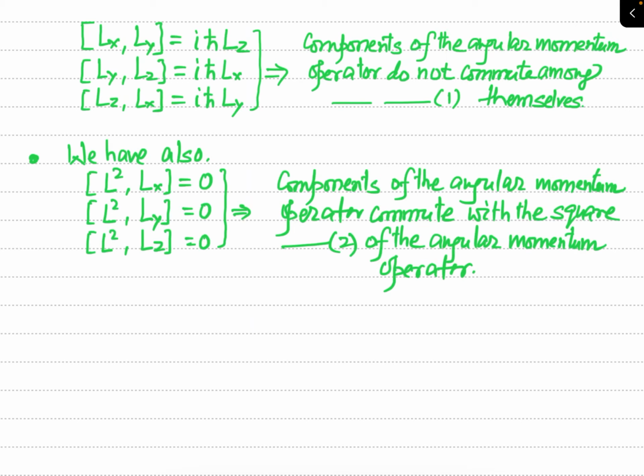But when you see the commutation relation of the L square operator with the component operators Lx, Ly and Lz, then you have seen that the components of the angular momentum operator commute with the square of the angular momentum operator. So the commutator of L square and Lx is equal to 0. Similarly, the commutator of L square and Ly is also 0, and the commutator of L square and Lz is also 0.